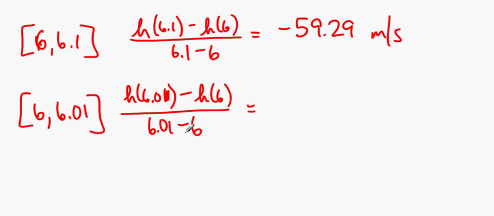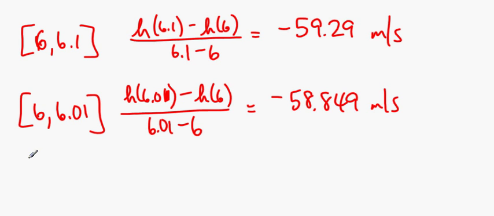Change in y, change in x, change in height over change in time. And if we crank all that out, we would get negative 58.849 meters per second, which would be a better approximation of the instantaneous velocity, but it's not exactly the instantaneous velocity.